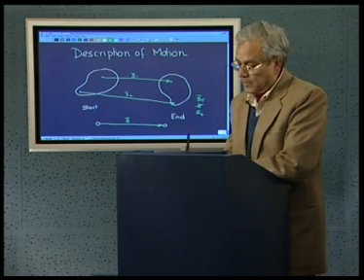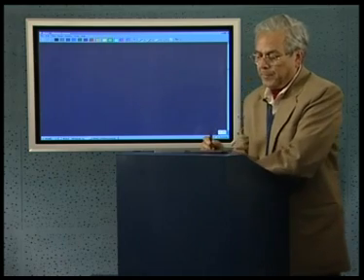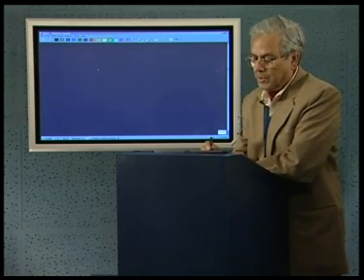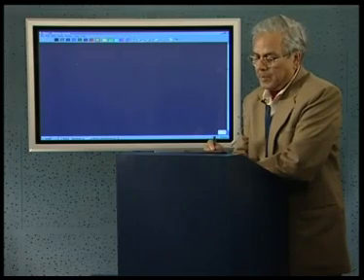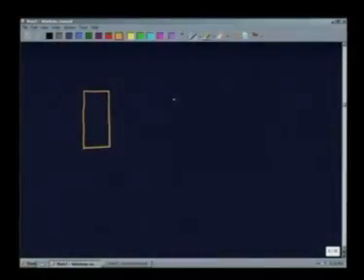To do that, let us see how we describe the motion of a rigid body. First, let us take this rigid body. I am drawing a simpler body for better understanding, and the same body goes there.